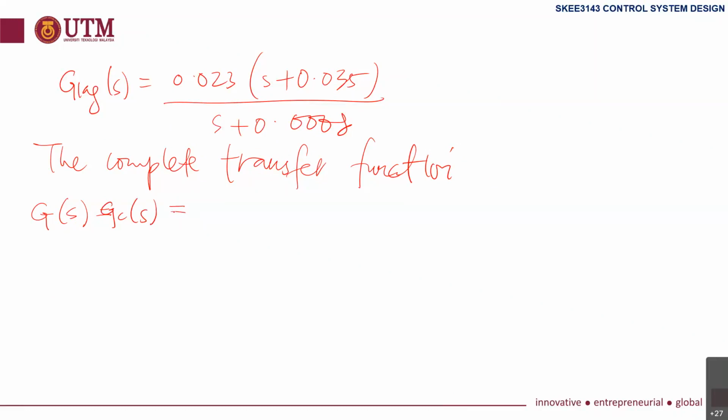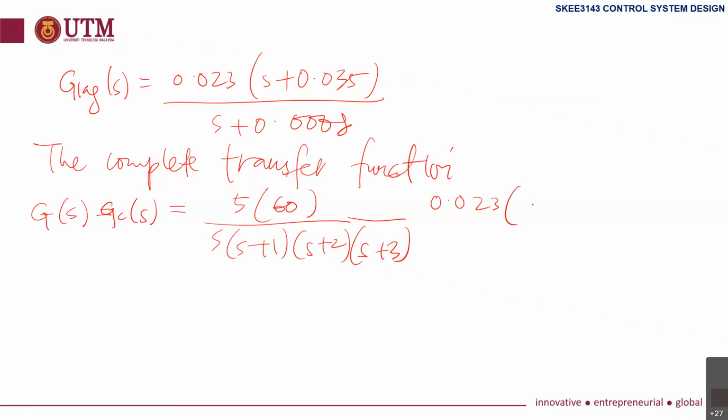We have initially 5K over (s plus 1)(s plus 2)(s plus 3), multiplied with the lag compensator, which is this, 0.023. This is the final transfer function.